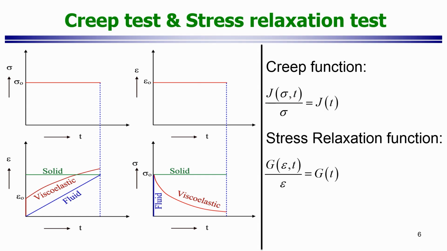When the principle of linear scaling is valid, then you can divide this function J by sigma, and you get a function that is only dependent upon time. And this became the creep modulus. Similarly, for the stress relaxation phenomena, if the principle of linear scaling is valid, then you can divide the function g.